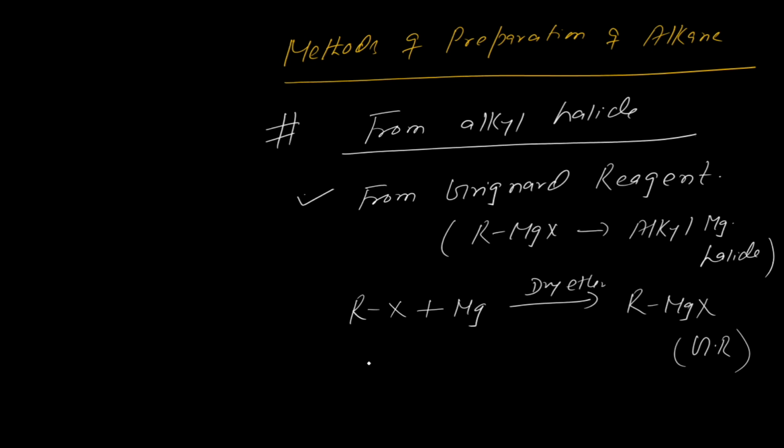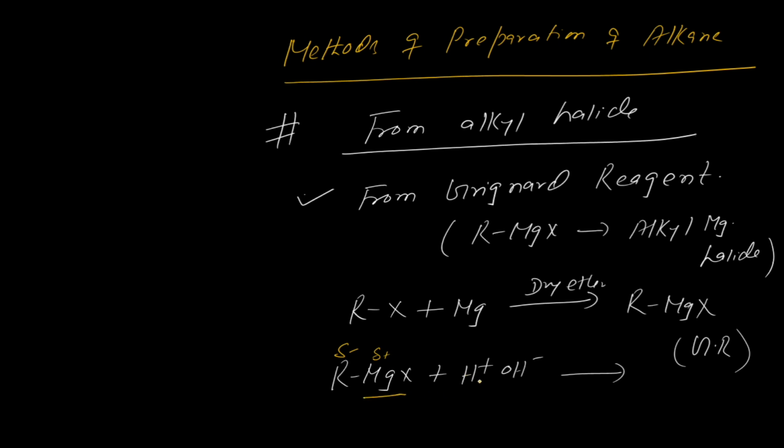Now this Grignard reagent will react with the water. So RMgX plus water, which is H plus OH minus. Now in the similar way, this is slightly negative charge, this is slightly positive charge.